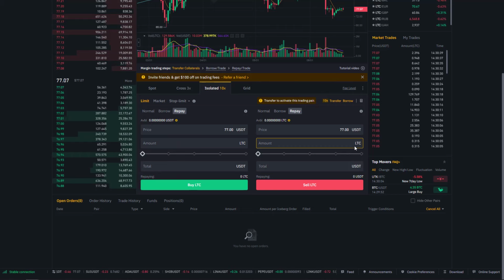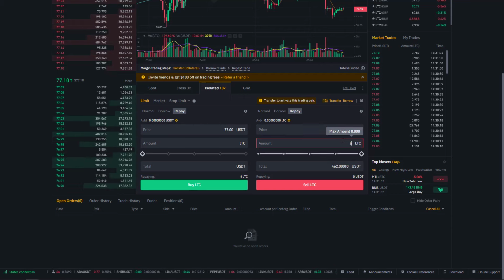First, if I want to sell $500 worth of Litecoin, right now Litecoin is trading at $77 approximately, right? So I want to sell maybe 6.5, that's about $500 worth, but I can't sell it because I don't have it. I have to borrow it, right? But to borrow it, I have to have some money in this margin account.